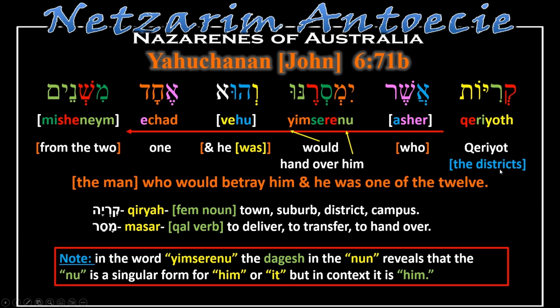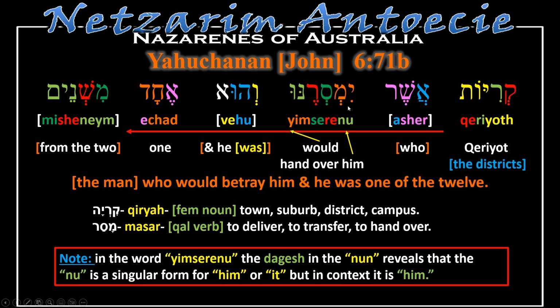And literally that means the districts. If we look down, it comes from Kiria, which is a feminine noun meaning town, suburb, district, campus. So he was a man of the districts, and therefore Ishcariot is not his name. It's his description of where he came from.